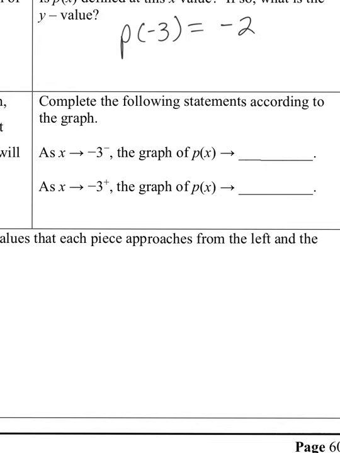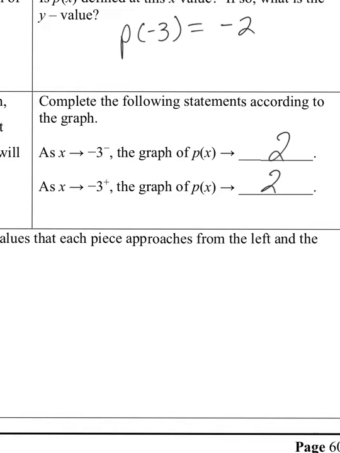As x approaches -3 from the left, the graph of P of x approaches what y value? Okay. And as x approaches -3 from the right, the graph of P of x approaches what value? Should be +2, okay? Because at that point, that's not our graph. That's just a point, right? It's just a point.